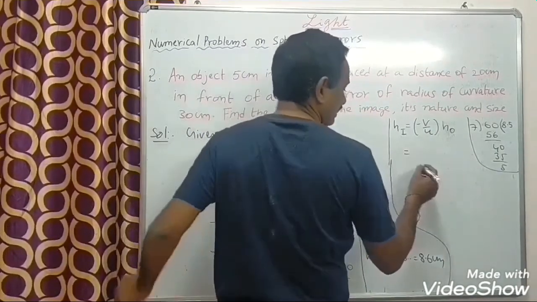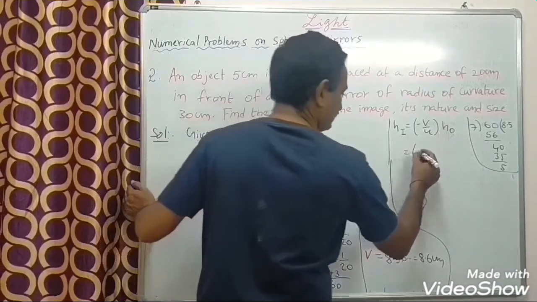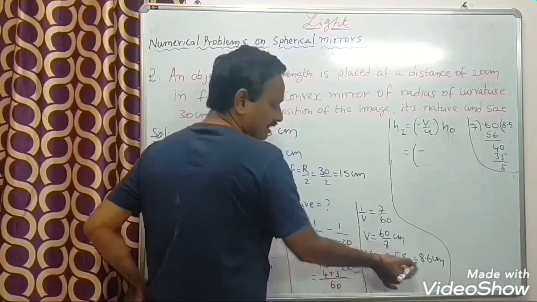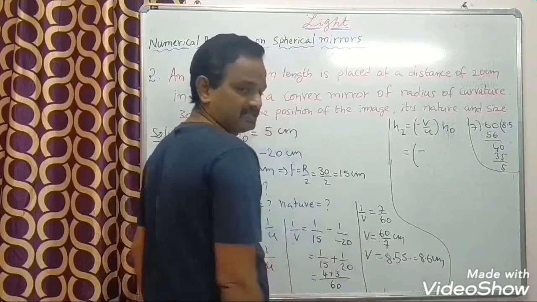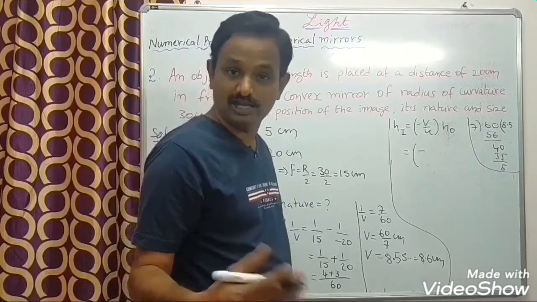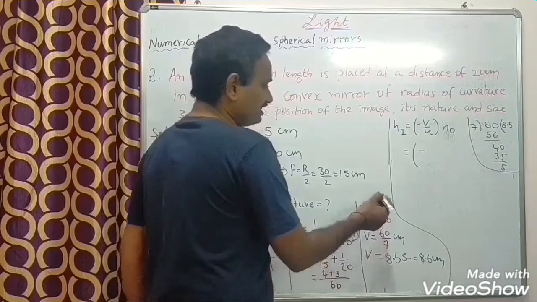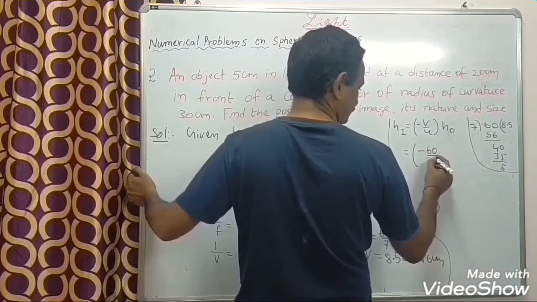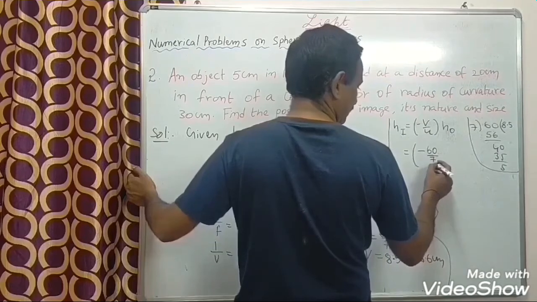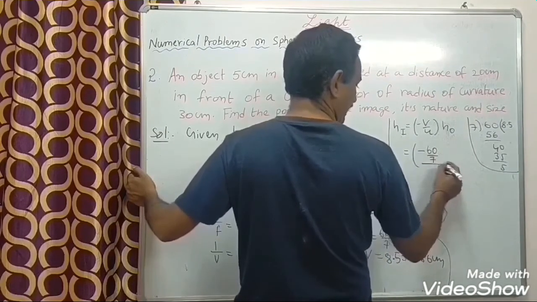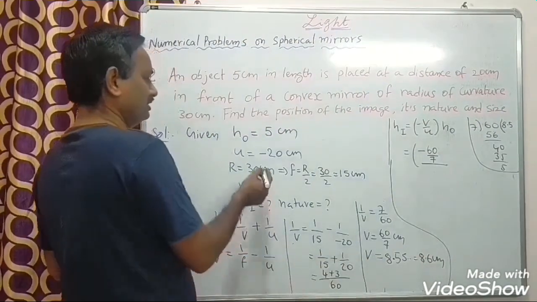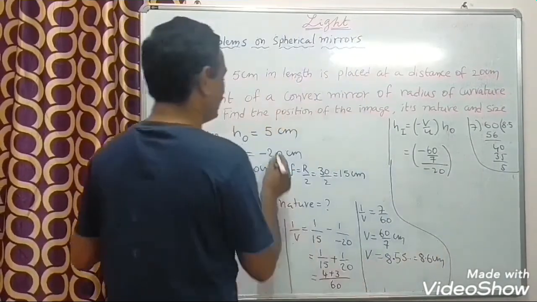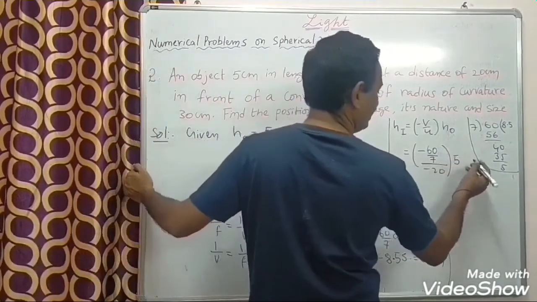Instead of 8.6, I will write 60 by 7, because the calculation is very easy. 60 by 7 by u, that is minus 20, into h naught, the height of the object, 5 centimeter.